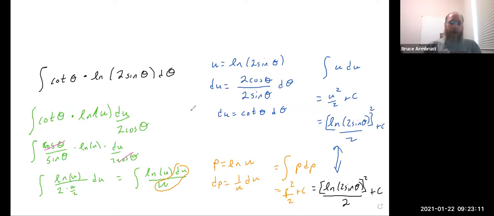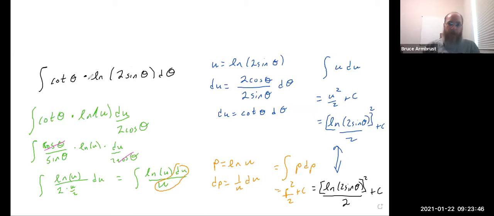Okay, so I think the moral of the story on this one is twofold. One, if one substitution doesn't work, allow yourself another. And I think more importantly, though, is that sometimes the u, the better choice for you, isn't the more obvious choice for you. Because like I was saying, I think for the most part, people would look at this and go, yeah, naturally the choice for you is the 2 sine theta.